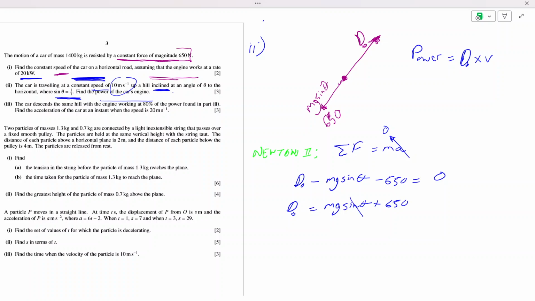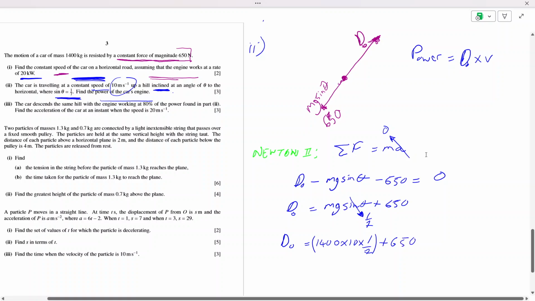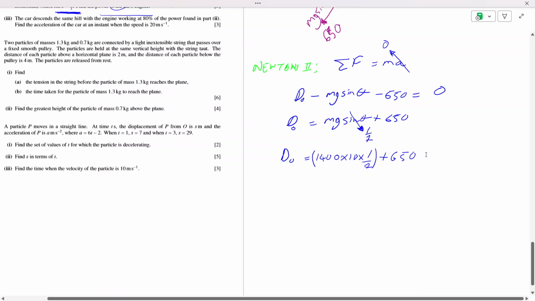Sine theta, I have it as 1 over 7, given in the question. The mass is 1400. Thus, D naught is equal to 1400 multiplied by 10 multiplied by 1 over 7, plus 650. Okay, that's the D naught.